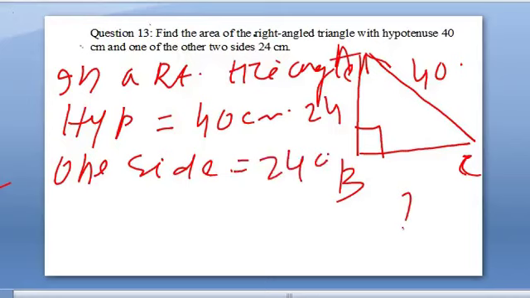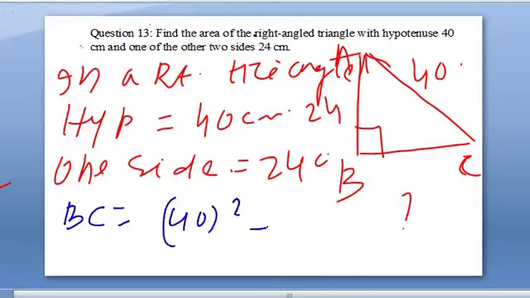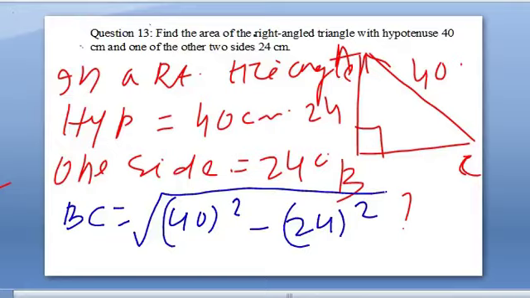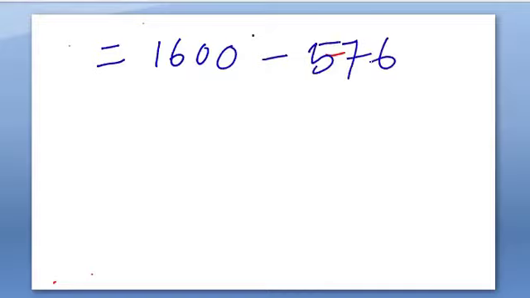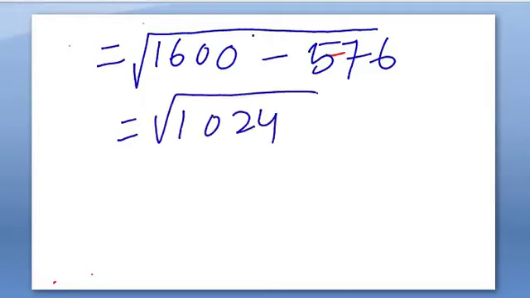So BC equal to root of hypotenuse square, 40 square minus 24 square, equal to root of 40 square, which is 1600, minus 24 square, 576, equal to root of 1024, equal to 32.